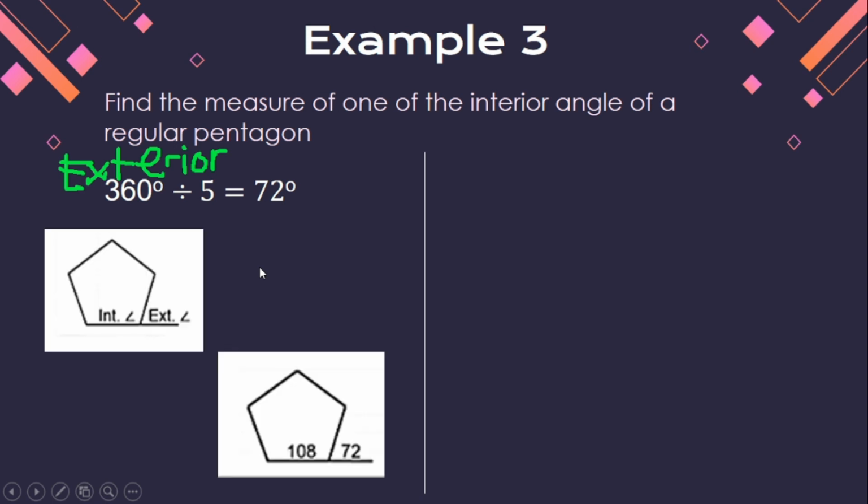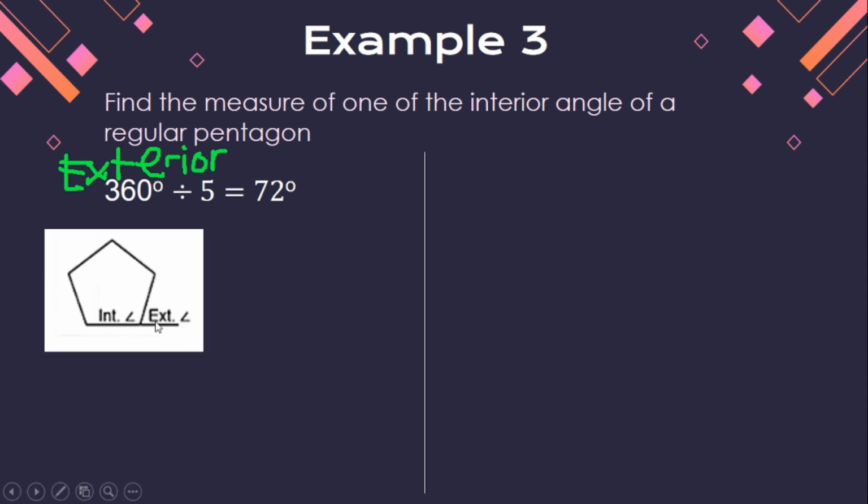Sa illustration natin, di ba sabi natin kanina na ang pares ng isang exterior at interior ay naging linear pair. So, ibig sabihin, we have here the exterior angle at kapares niya ay isang interior angle. So, since alam natin ang isang exterior, therefore, makikita natin yung hinahanap ng problem na to na we need to find the measurement of one of the interior angles. Tama?